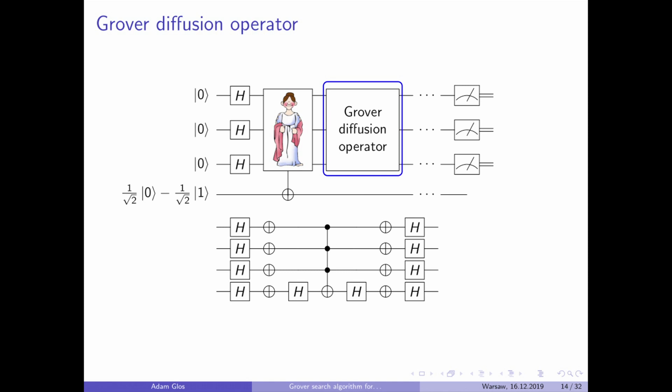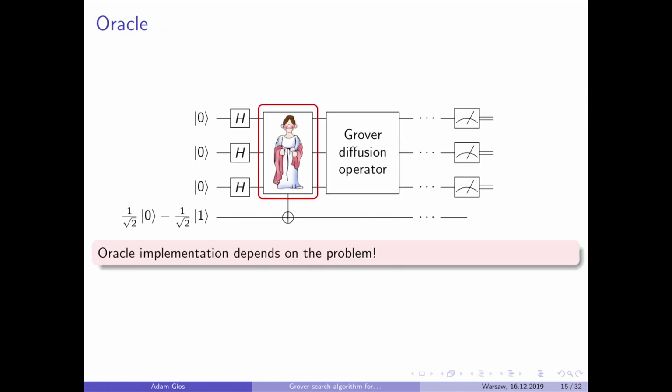Okay, and that was actually, I would say, the simpler part, because now what we need to deal with is the oracle. How can we design a quantum circuit for the quantum oracle? The thing is that we cannot provide a general formula here because it actually depends on our problem.